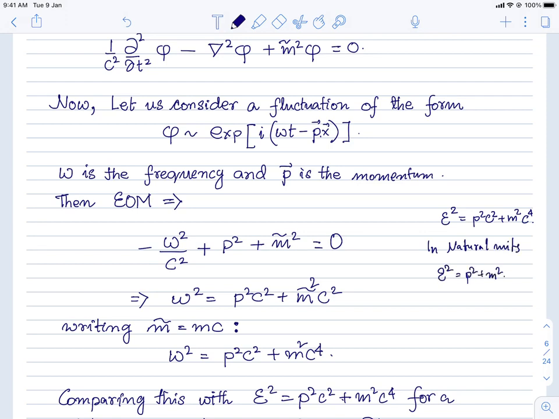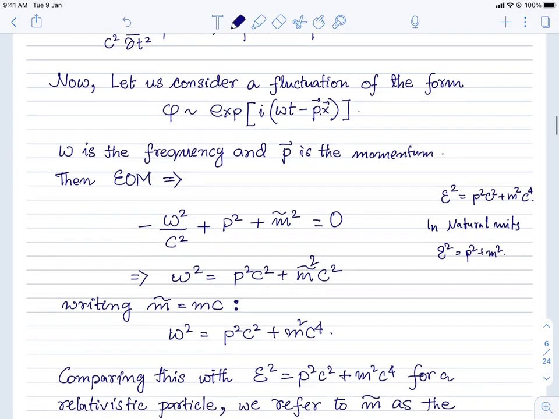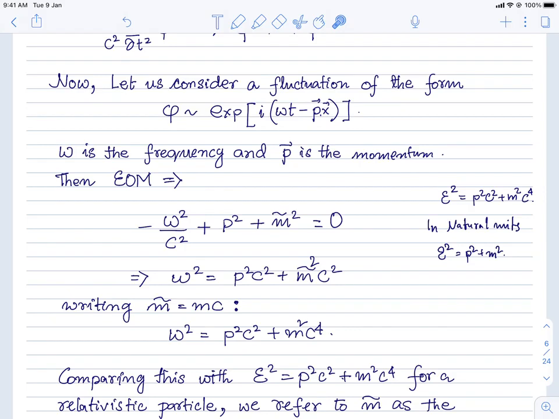That's what you're going to write down in natural units. So this relationship, what we have obtained here, very much resembles this relation, provided we naively identify this omega with energy and p with the momentum of a particle.